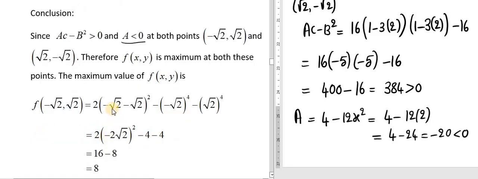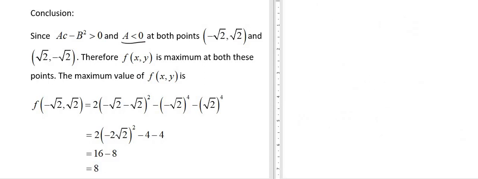So observe, minus root 2 is minus 2 root 2 whole square. Here you can observe minus power 4 means multiplication of minus 4 times, that is plus only. So plus root 2 whole power 4, that means root 2 into root 2 into root 2 into root 2.